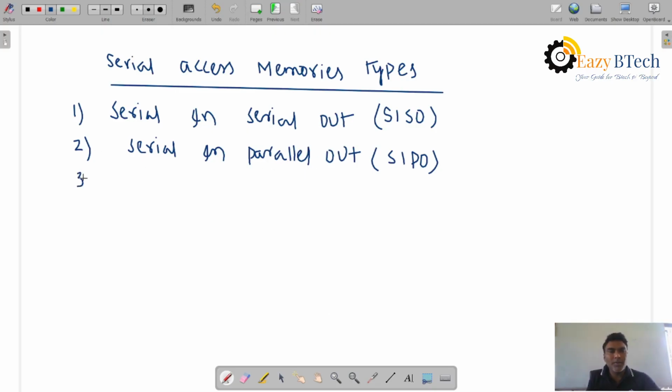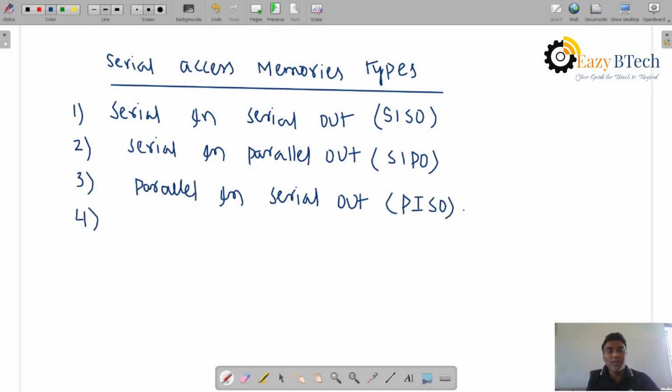And the third one we can say is parallel in, serial out. Parallel data in, and we get the serial output data.